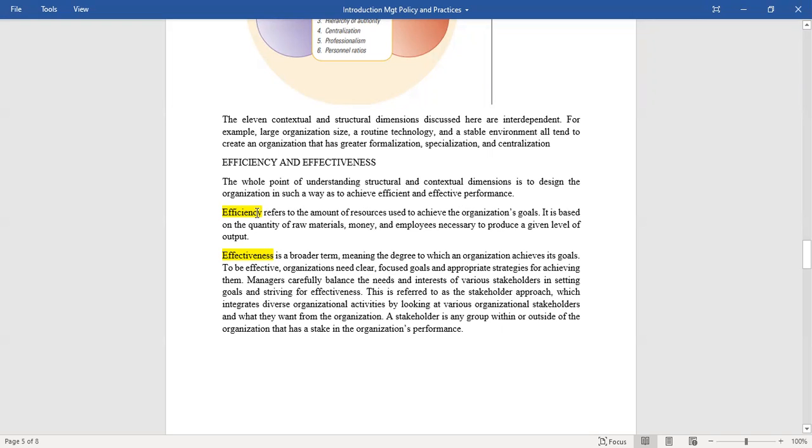Efficiency means to what extent the organization's resources are being used optimally. To what extent the costs are being controlled, to what extent control is being executed, to what extent there is stability. This is all efficiency. Effectiveness is to what extent are the goals being achieved, right?